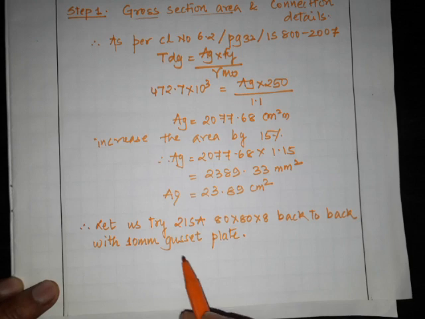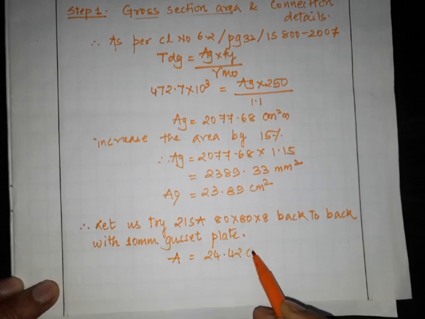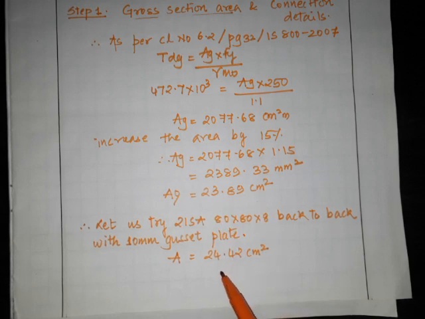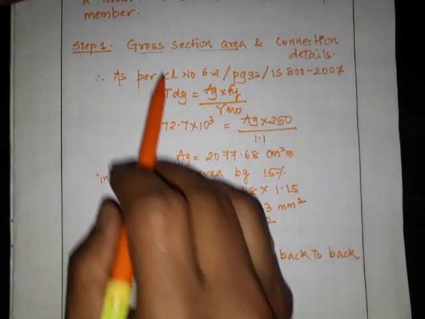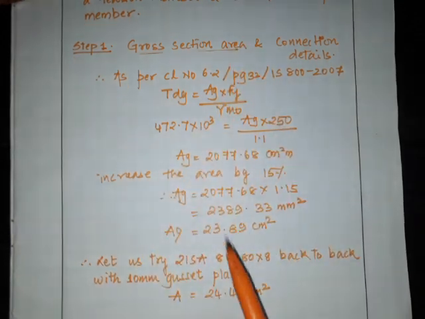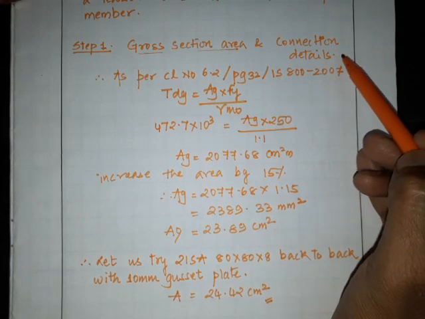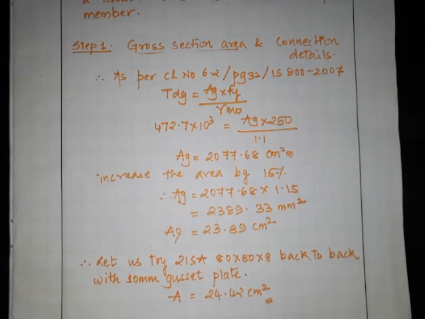Okay. So for that the area is given as 24.42 centimeter square. So for required it is 23.89 and we have selected 24.42 centimeter square. Okay. Now the selection of section is over. As I told you, according to the cross section area we have selected. So this is done. Now we have to move on to connection details. Okay. So next is connection details.